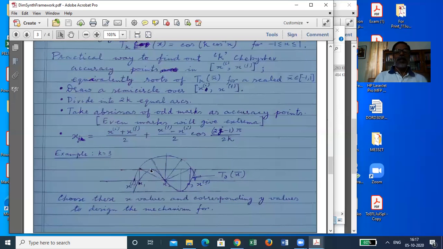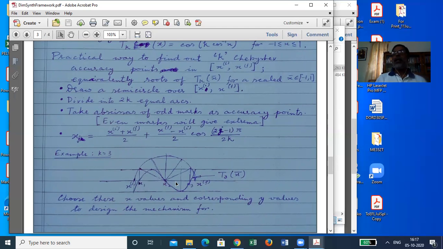Here the Chebyshev polynomial cuts the x-axis, and if you put the error like this, which passes through this point and this point, that means at these 3 points you are making the error 0. So at these 3 points, you will try to match the function exactly.